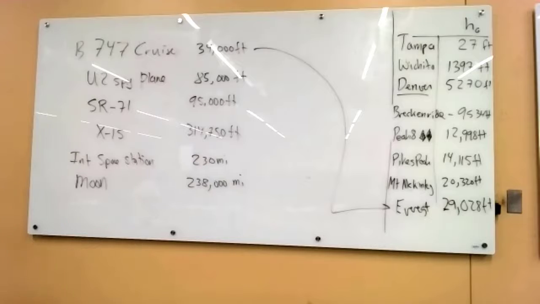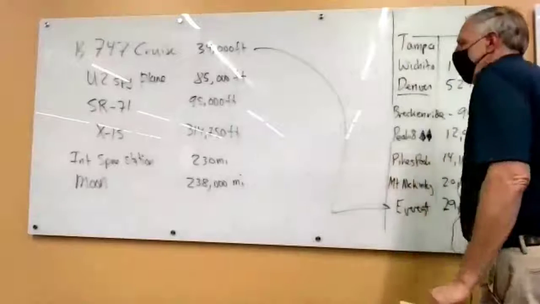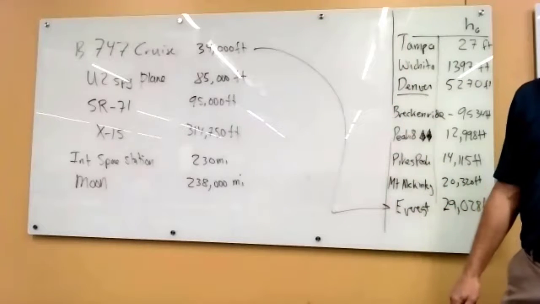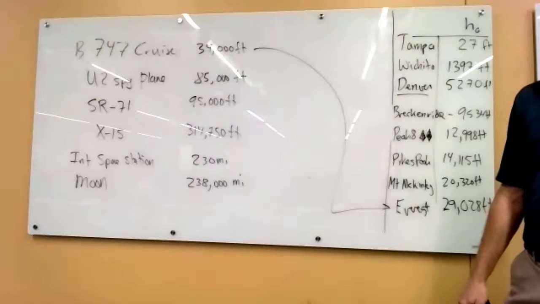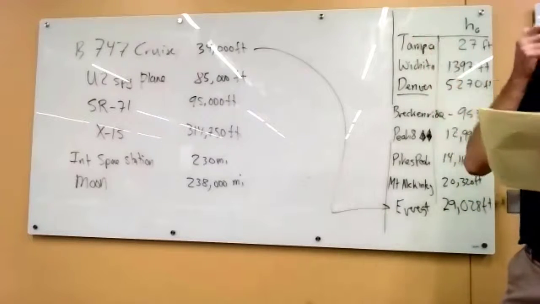Okay, so air gets thinner, so the pressure goes down, the density goes down, the temperature actually goes down and up depending upon where you are in altitude. We'll talk about that. But one of the things we want to be able to do is relate pressure with altitude. How can we calculate the pressure at a certain altitude?